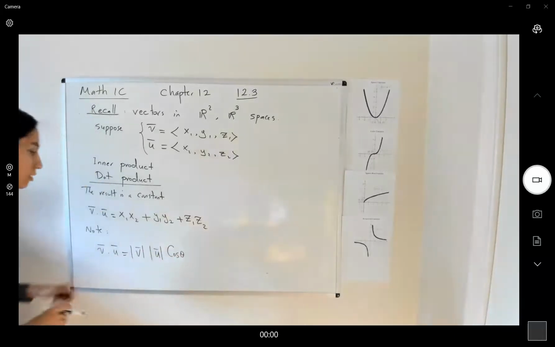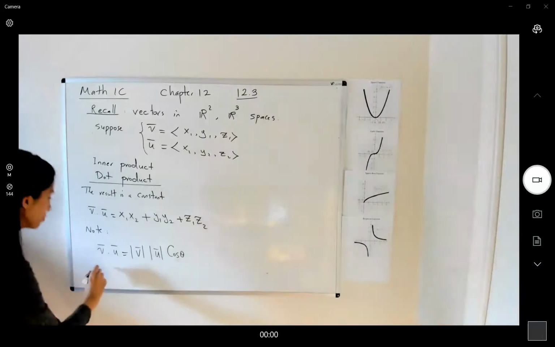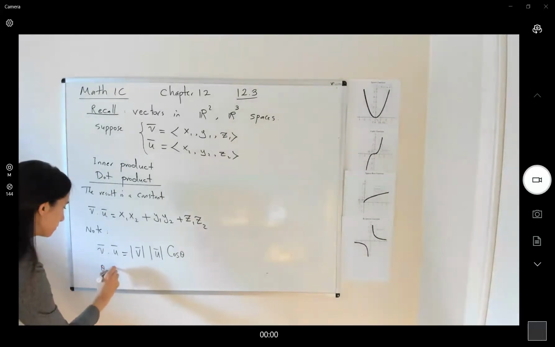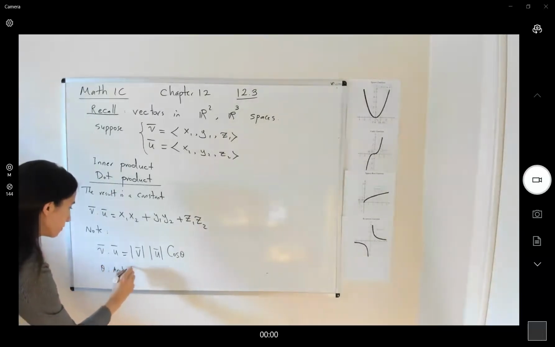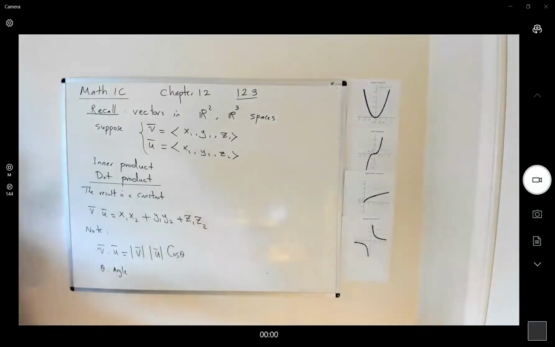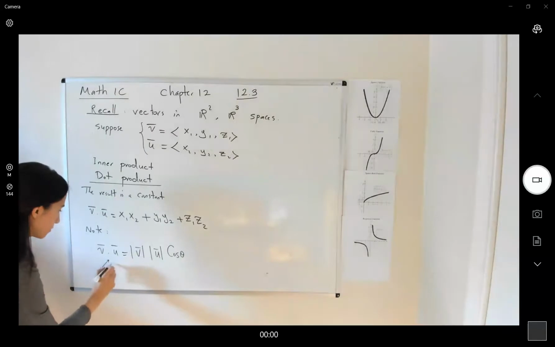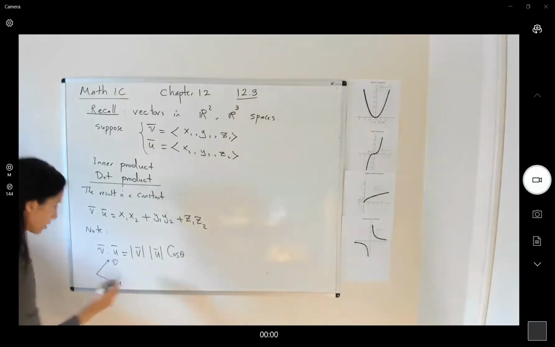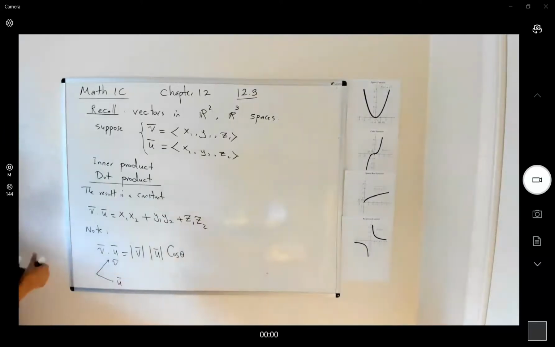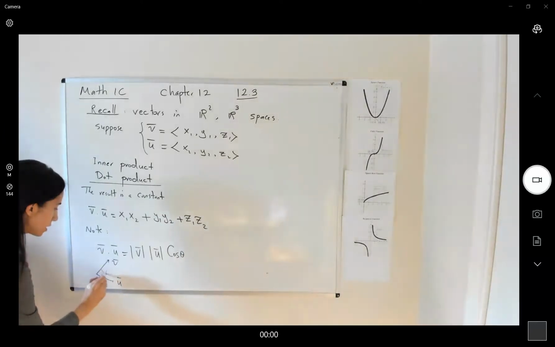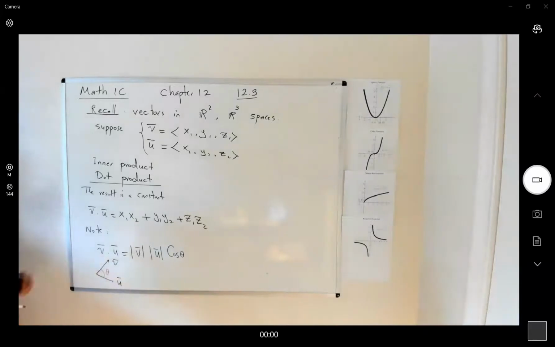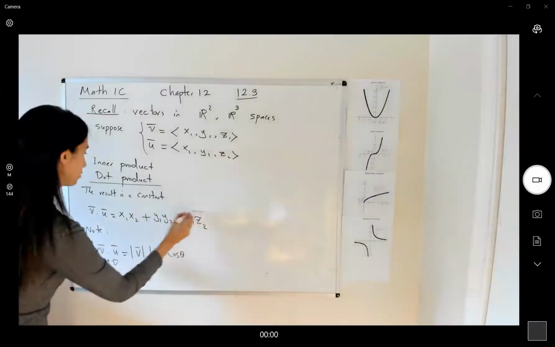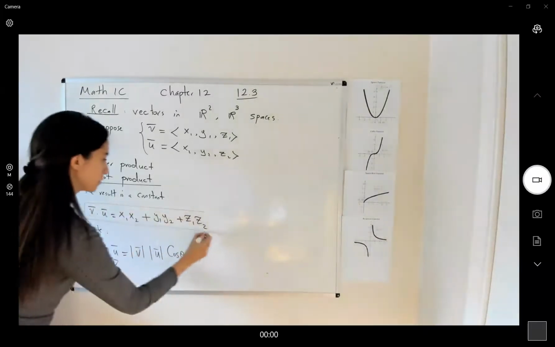Theta is the angle between V and U. Here for you, this is your V, this is your U, and this is theta. If theta is given, we can use it to find the dot product between two vectors.